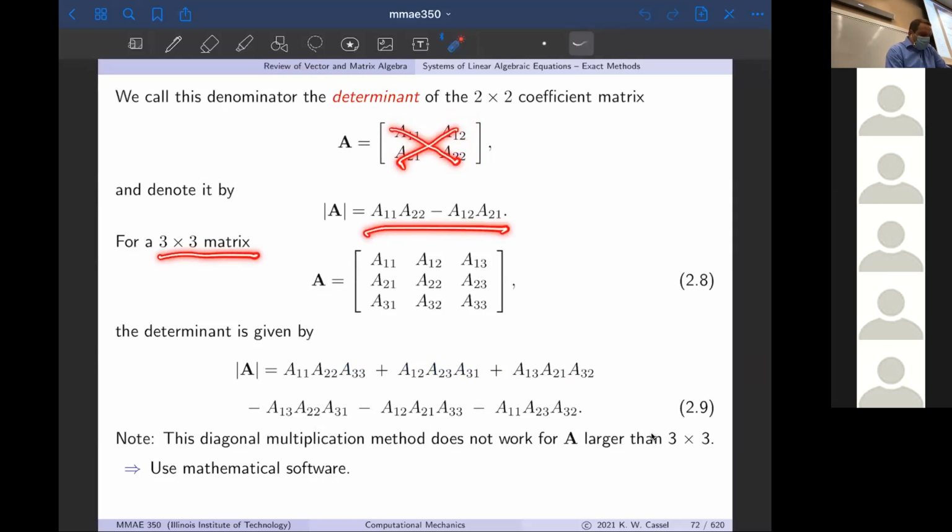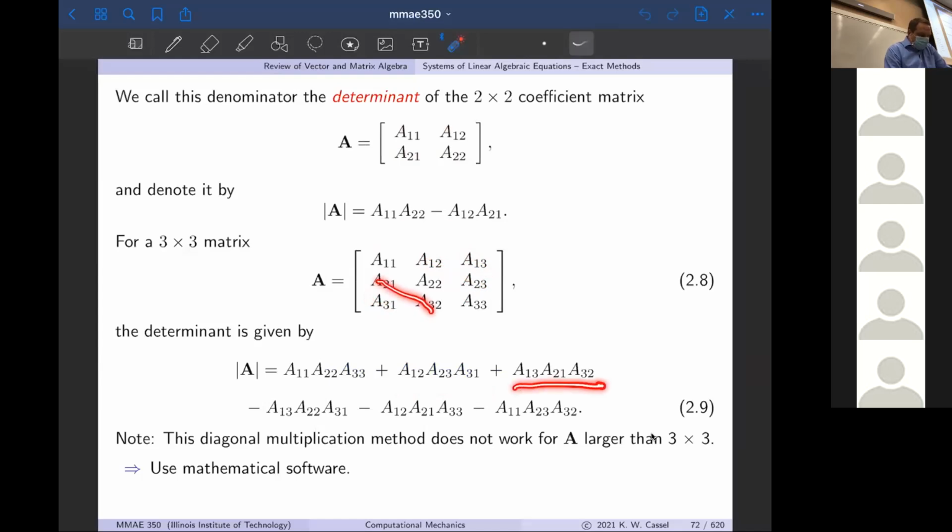Same idea for 3 by 3. So here's 3 by 3, three rows, three columns. The way you do this is you take the product of these, A11 times A22 times A33. That's the first term here, plus A12 times A23 times A31. That's the second. Plus A13 times A21 times A32. That's the third.